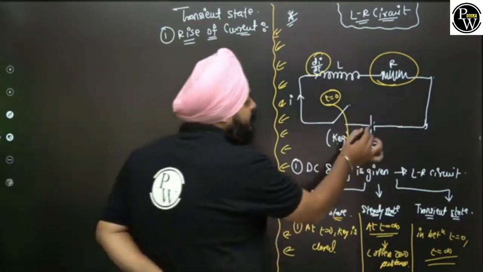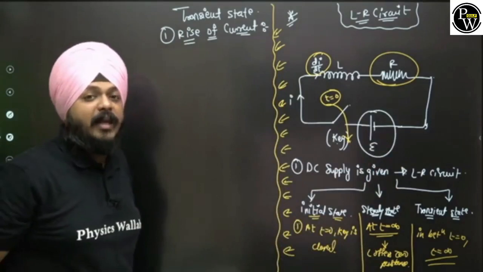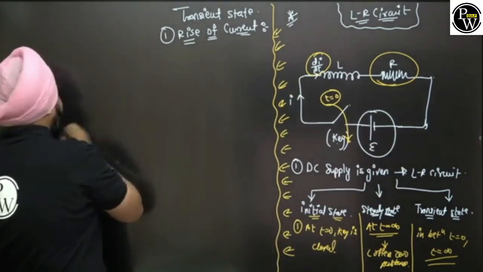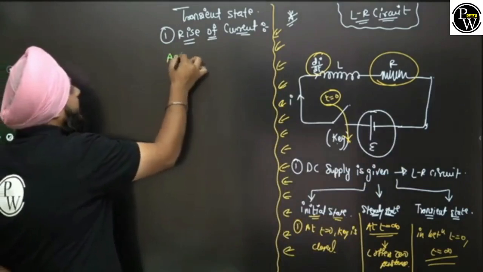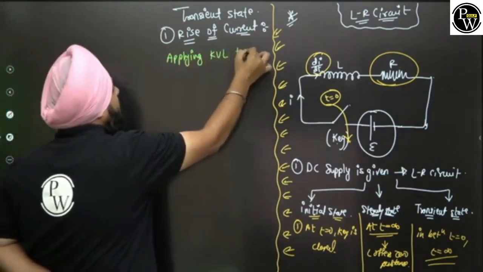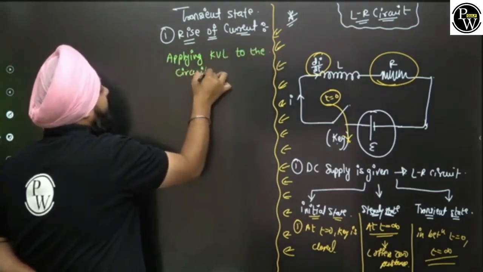Suppose E is given to the circuit and we apply Kirchhoff's voltage law, KVL, to the circuit.